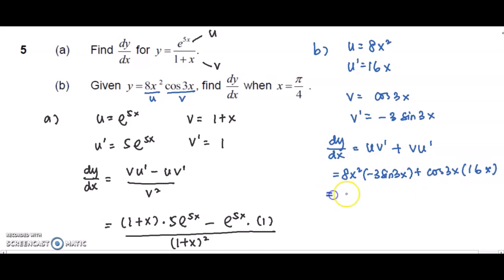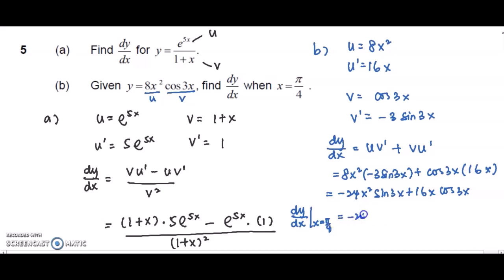Then we just simplify. Negative 24x squared sin 3x plus 16x cos 3x. So once you have the dy/dx, we can start to put in the x as pi over 4.